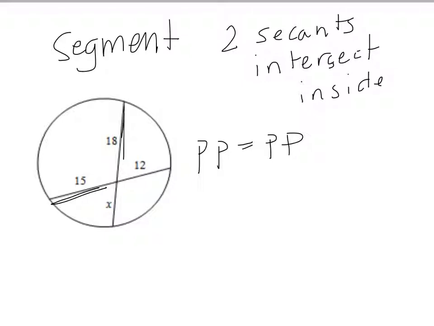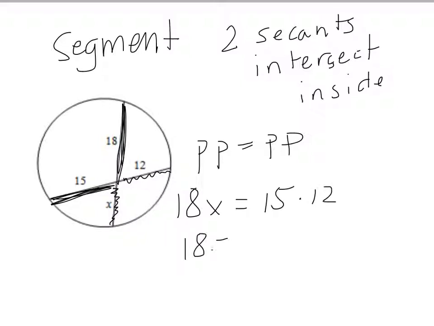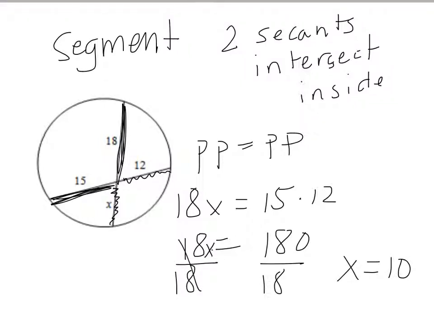So if I look here, I have one part here of 18, and the other part of that line is X, equals, I have part here of 15, and the other part of that same line is 12. So I get 18x equals 15 times 12, which is 180. Then I divide by 18, and I get x equals 10.